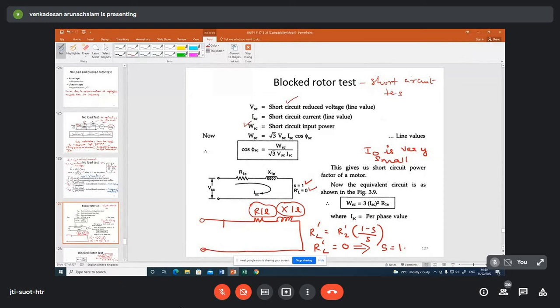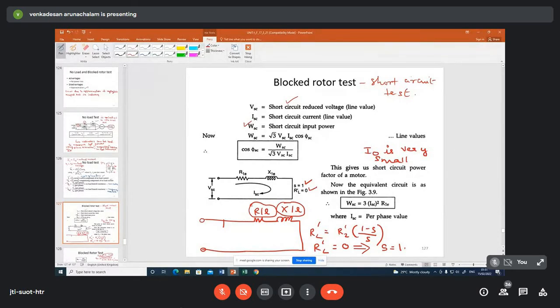How to do this test is, you have to tighten the rotor of the induction motor using a belt. You can use the mechanical load belt.